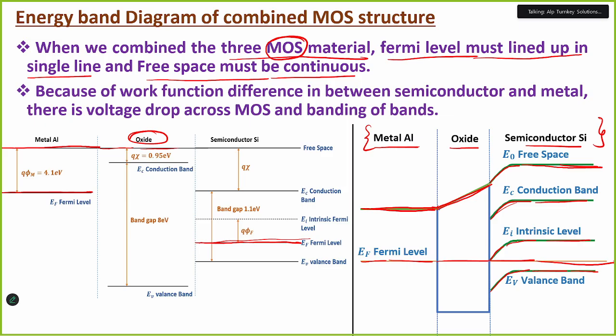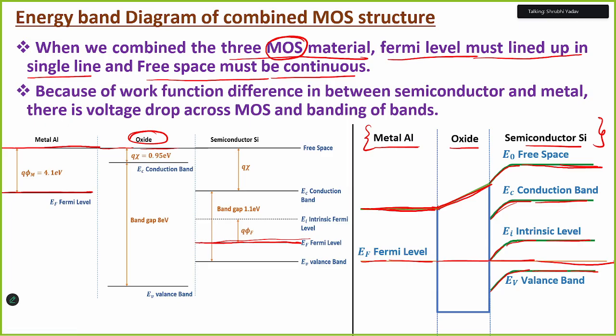This is the metal with respect to free space. Here there is no separation between the conduction band and valence band, they overlap. Here you have the conduction band, intrinsic level, and valence band. Is it fine now? Shall I move forward?